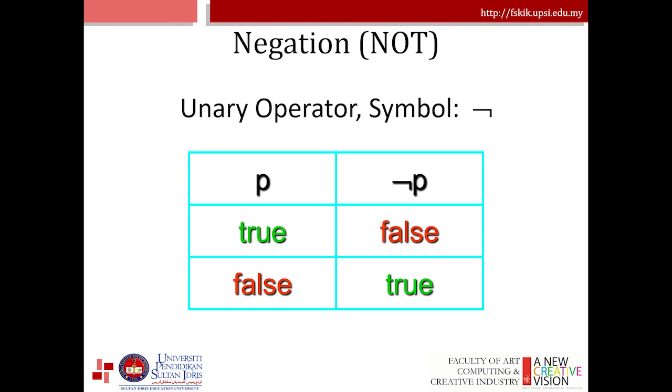The negation of P is the statement with the opposite truth value of P. Here we can see the negate P symbol. Thus if we have two symbols of negation, negate negate P is just another name for P. The negation of P and Q asserts that it is not the case that P and Q are both true.